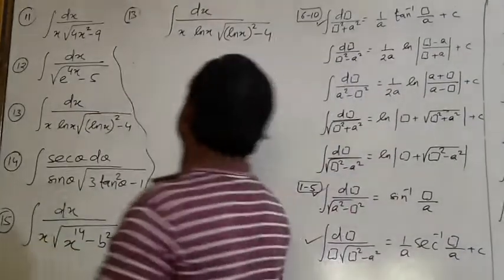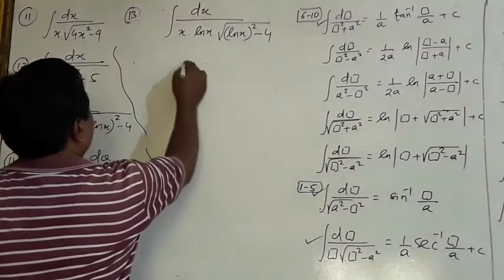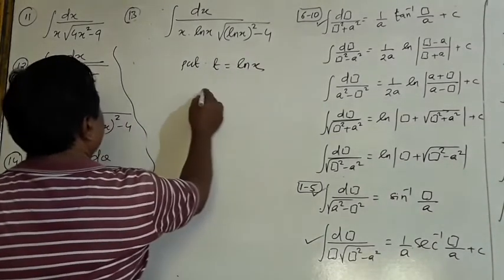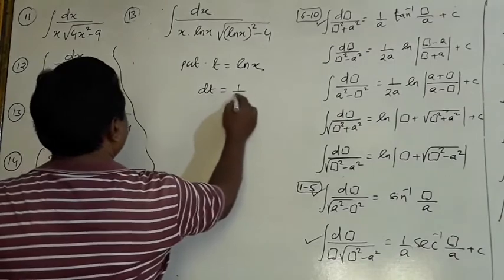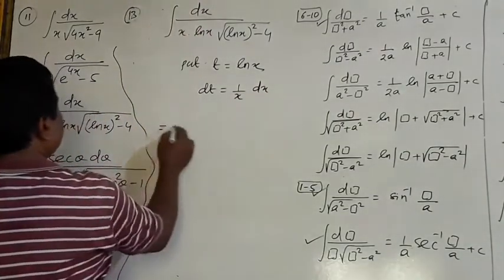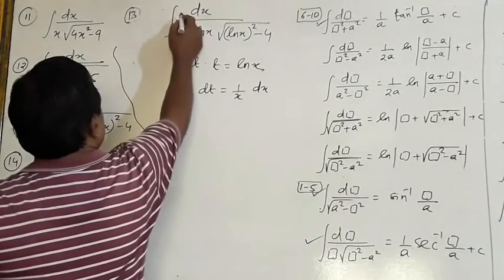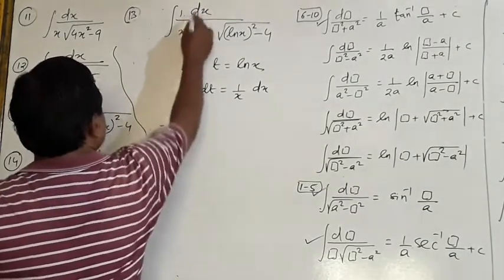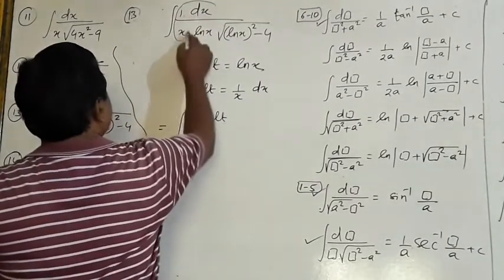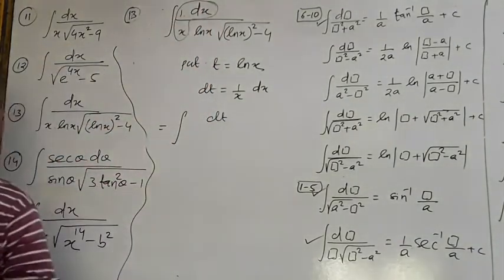Okay? Now, ln x whole square. What do you have to put? t is equal to ln x, because its derivative is 1 by x dx. Don't think it is 1 by x dx; in that place, I have to write dt.